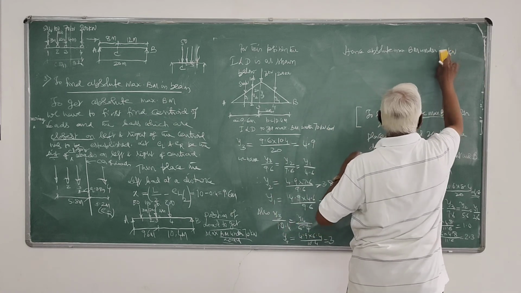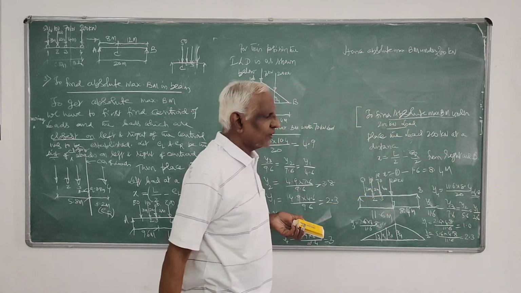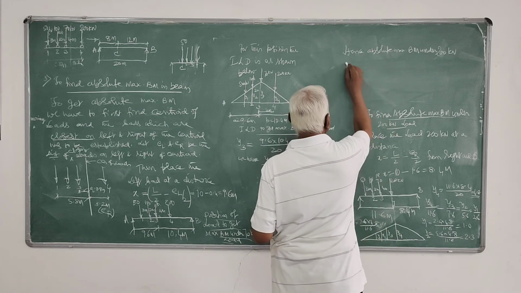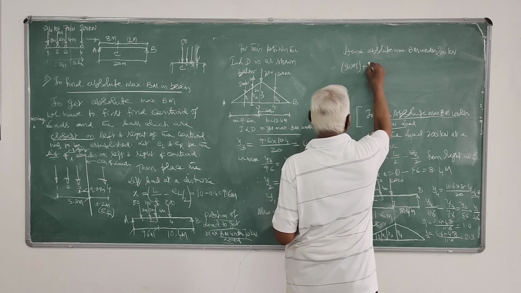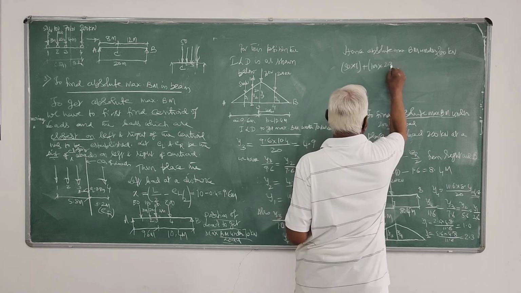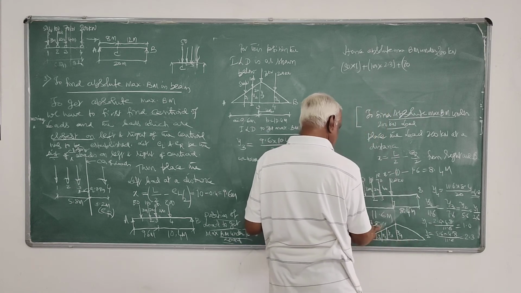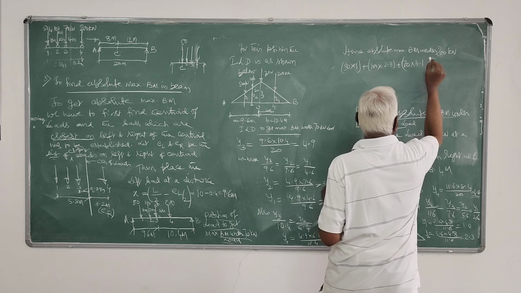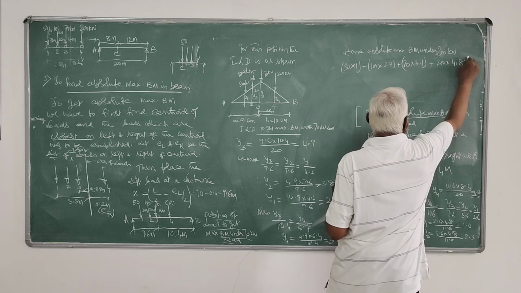So you know the ordinates, and hence the absolute maximum bending moment under the 200 kilonewton load is equal to: first you take 50 into Y1, 1.0, plus 100 into Y2, 2.3, plus 70 into Y3, that is 3.1, then plus 200 into 4.8.